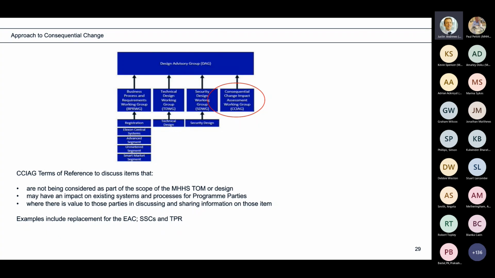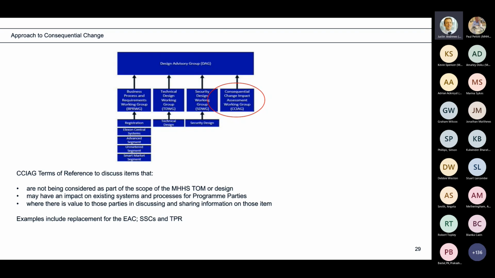A bit of a mouthful, CCIAG for its initialism, and that is more of people being able to, or market participants to raise items that are not part of the scope of the TOM or the design, but people may believe have an impact on their existing systems or processes. So it's more of a forum where those items can be brought forward by market participants, and those market participants believe that there is value to talking about those.